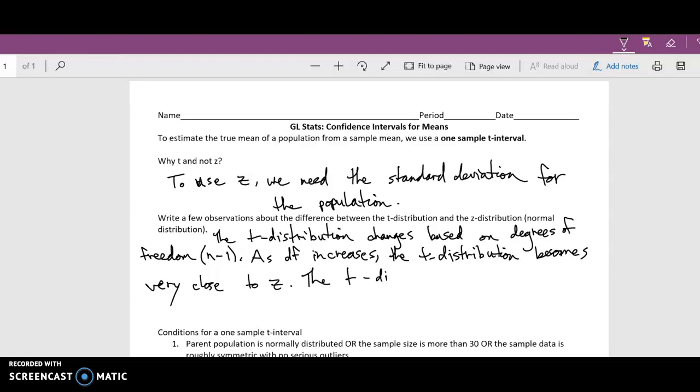The t distribution is shorter in the middle and has bigger tails.